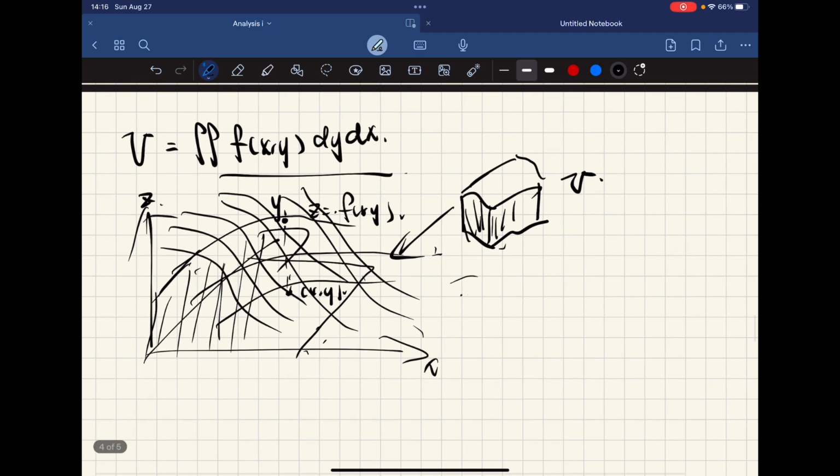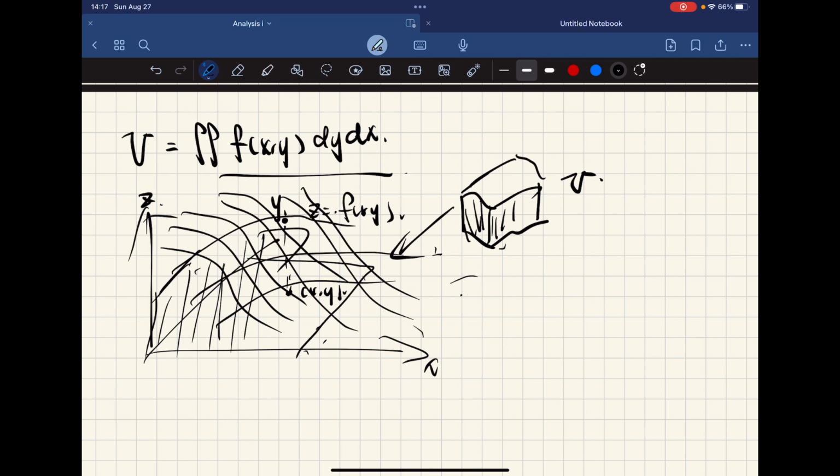And order of integration, geometrically speaking, is just fixing one variable and integrating over another, so slicing parallel to the YZ plane, or slicing parallel to the XZ plane. And because the volume should be fixed, the order of integration shall not matter.